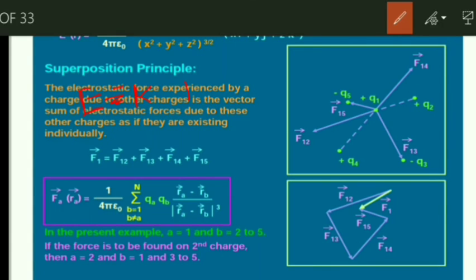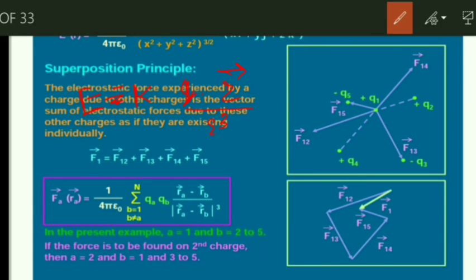Here is q, in the numerator we have r in vector form, and in the denominator we have r cube.